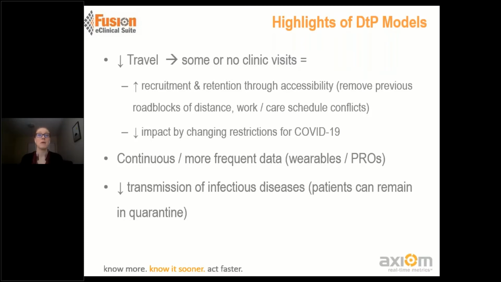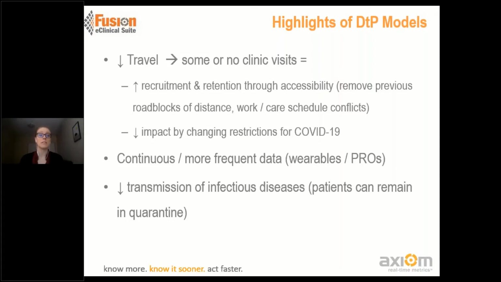Some highlights about this type of model is, of course, the big one is decreasing travel. Because you have some or no clinic visits, that really helps when it comes to recruitment and retention, as it means that we have more accessibility. We're taking away some of those roadblocks relating to physical distance, as well as restrictions for scheduling around working care commitments.